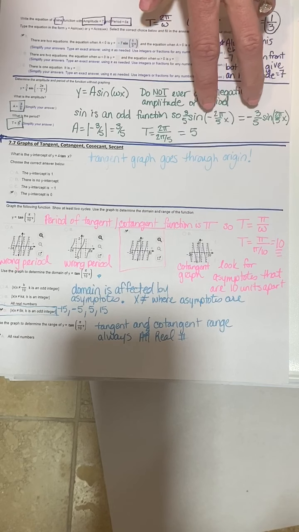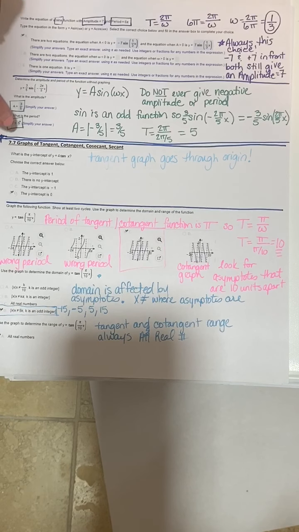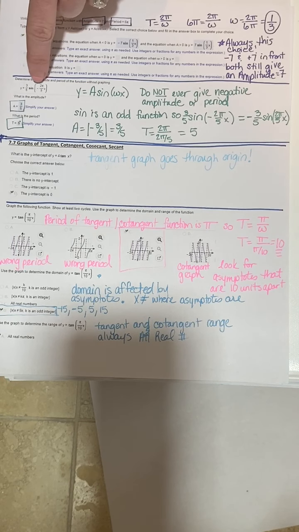But it really doesn't matter. You just don't want your period or your amplitude to be negative. They won't accept that. So your amplitude is going to be this 3/5, and your period is going to be 2 pi divided by the 2 pi over 5, which turns out to be 5.